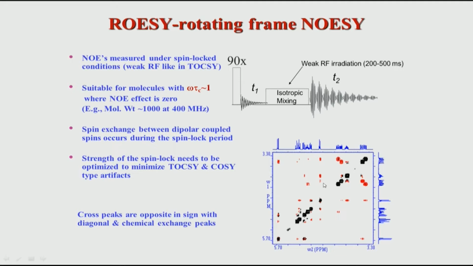So, when we analyze or interpret the intensities, one can ignore those black peaks and focus only on the red peaks. So, this is one way to look at spin diffusion. Of course, there is another thing in ROESY, that is the exchange peak, which also happens in NOESY.